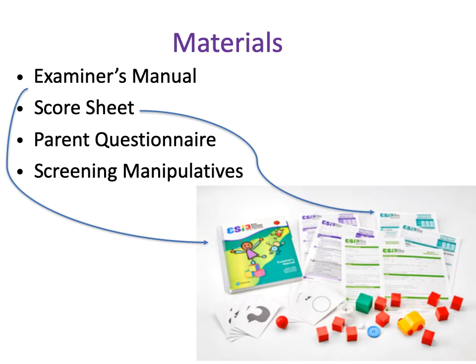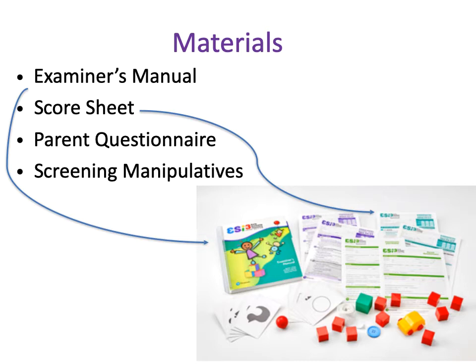The book on the left side is the manual. Directions in the manual are available in English and Spanish, so if you want, you can implement this assessment in Spanish for your Spanish-speaking student. The manual tells you very detailed things such as what to say, how to say it, and when to present what material. So you will always need this manual for your assessment.